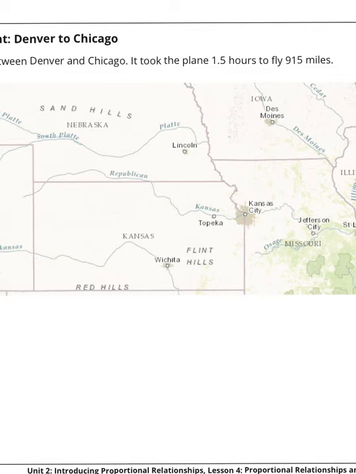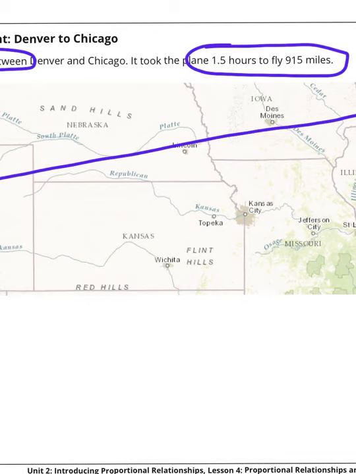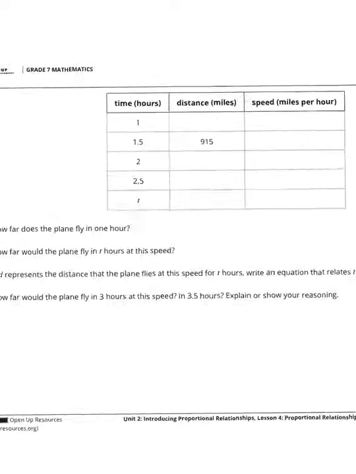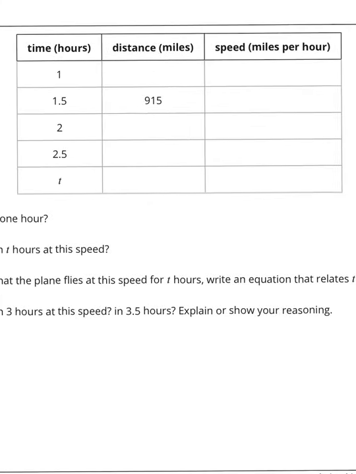Our next activity talks about flying from Denver to Chicago. Denver is here and Chicago is here. So we have a plane that's flying, again, at a constant speed between Denver and Chicago. And it tells us it took the plane 1.5 hours to fly 915 miles. So as we fill out that chart, we're looking here for a couple of things.